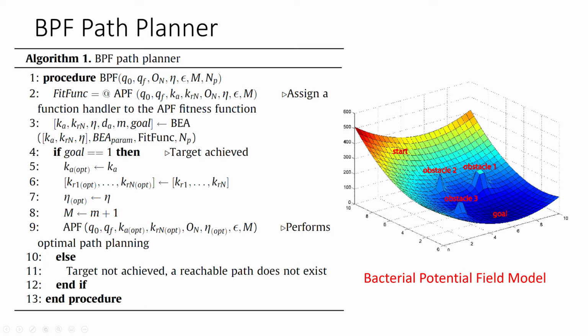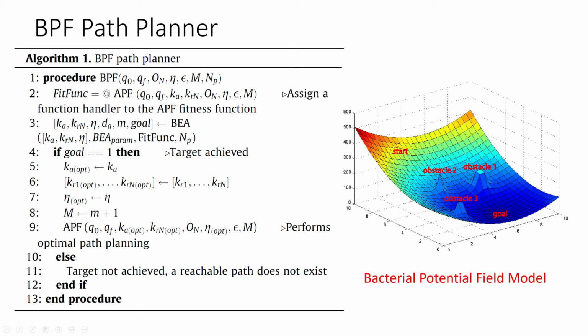After it has finished, we then select the result according to the goal. If the goal equals 1, it means that the target has been achieved, and we pass all the parameters that we have gained to set up the initial parameters, so that it can get great performance in the APF algorithm.